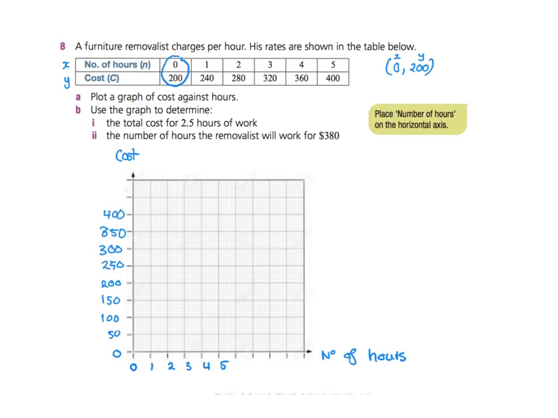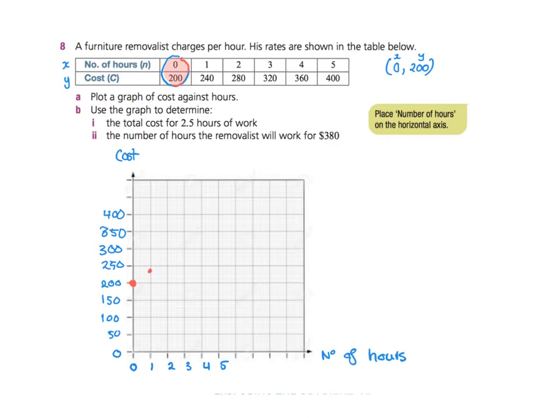Okay, so that first point, I'm going to do this point. When the number of hours is 0, it costs 200. So it doesn't matter, as soon as the furniture removalists arrive at the house, it's 200 no matter what. Then if they work 1 hour, it's about 240. I'm just roughly, sorry, the graph's a little bit off there.